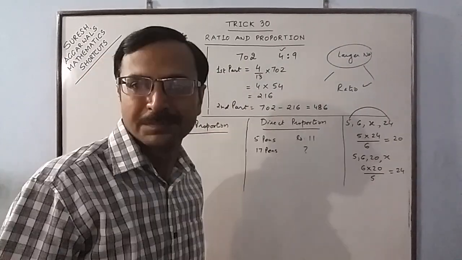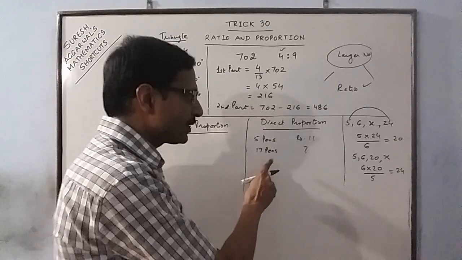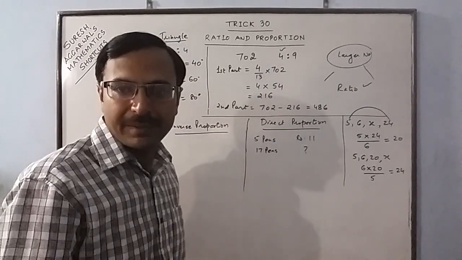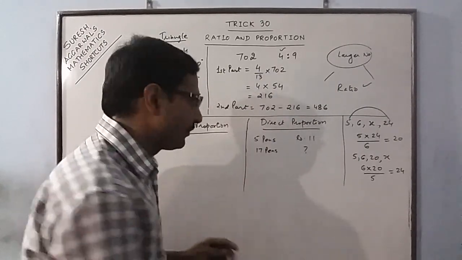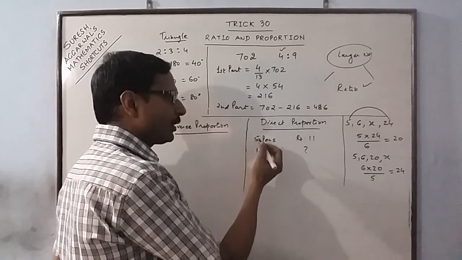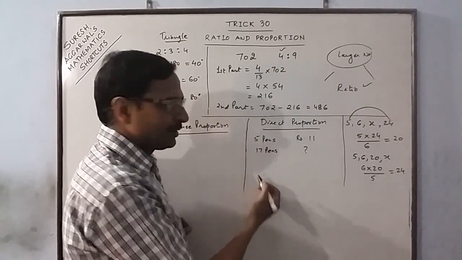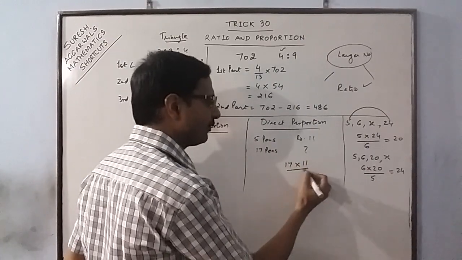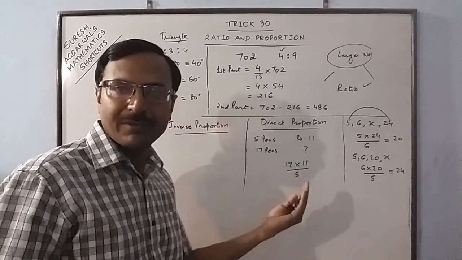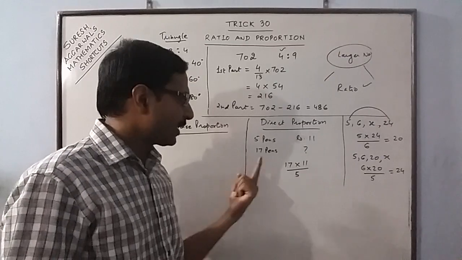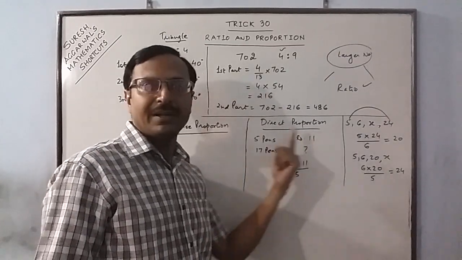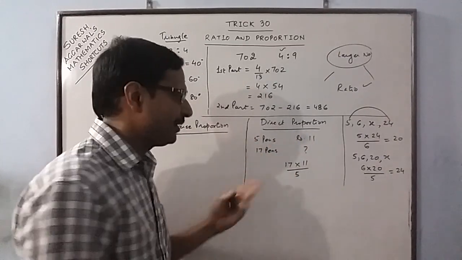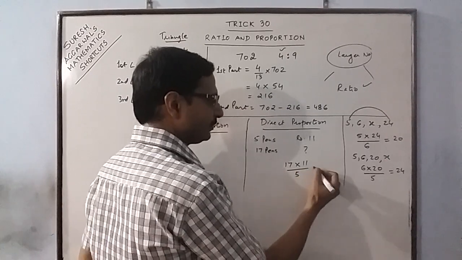So it is direct. See, the answer for this is obtained by just going in the reverse order. Like you have the order 5, 11 and 17. Your answer is 17 into 11 upon 5. See, I have gone in the reverse manner. 17 into 11 is divided by 5. So you get the answer here.